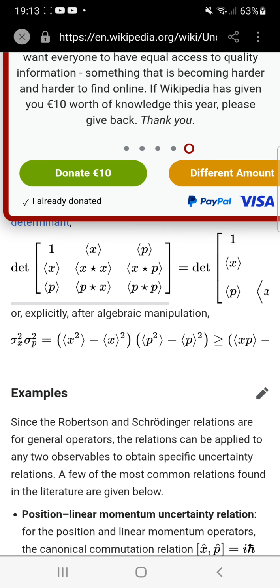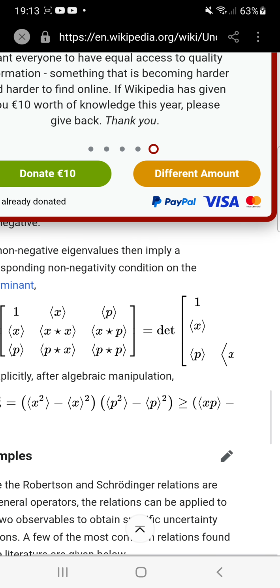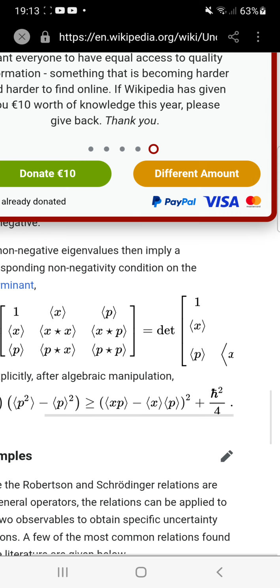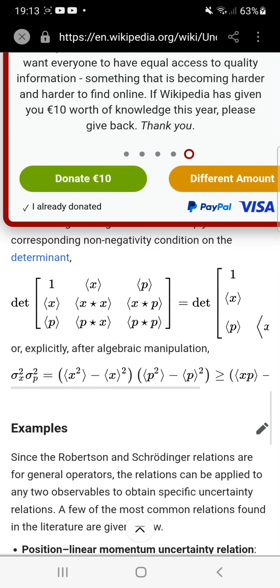Or explicitly, after algebraic manipulation, sigma squared x times sigma squared p equals (x squared minus x squared)(p squared minus p squared) is greater than or equal to (xp minus xp) squared, plus h squared divided by 4.